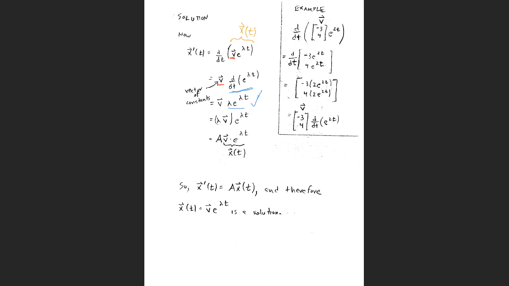But v times lambda, I can write as lambda times v, of course. But what is lambda times v? Lambda times v is just equal to A times v because lambda is an eigenvalue and v is the corresponding eigenvector.